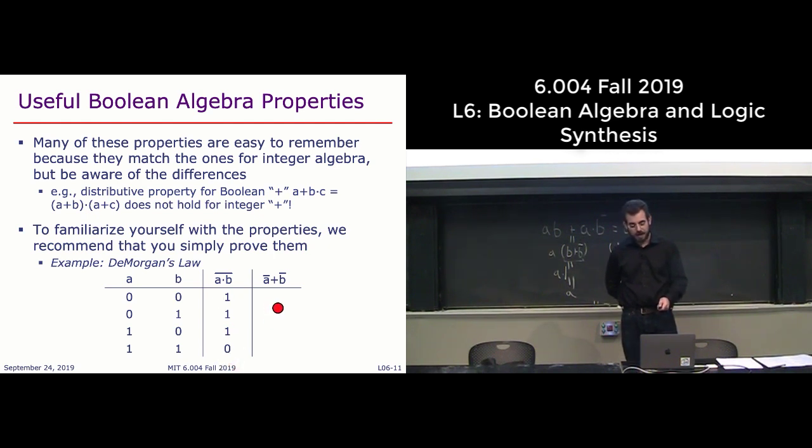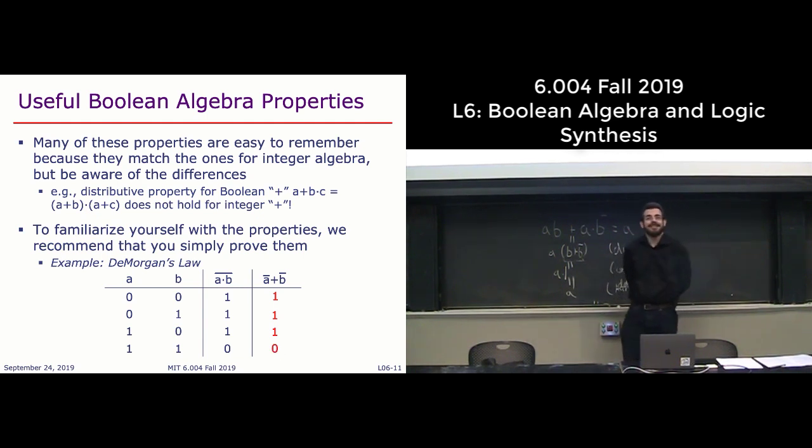What is not A or not B? Well, if A is 0, not A is 1, so these two are 1. And then if A is 1, not A is 0, right? So these two terms equal not B, and so we have 1 and 0, right?